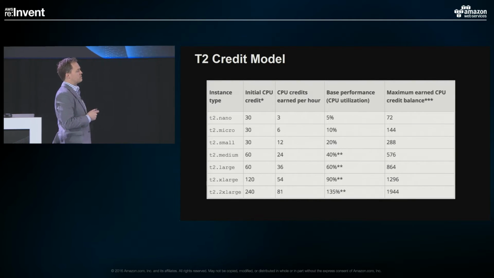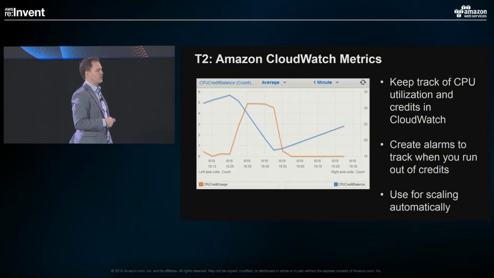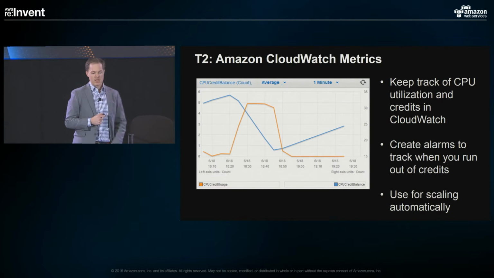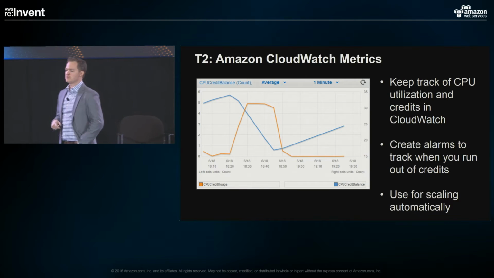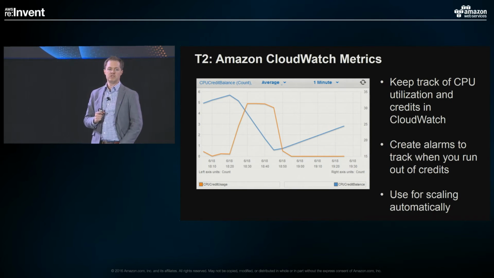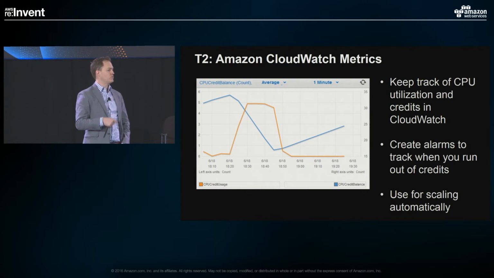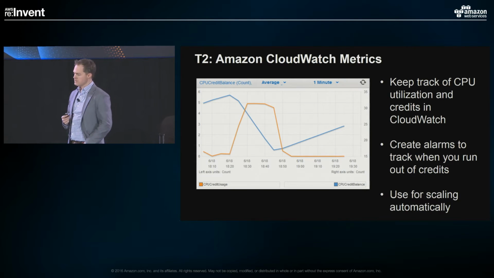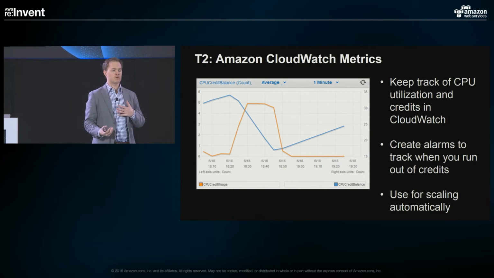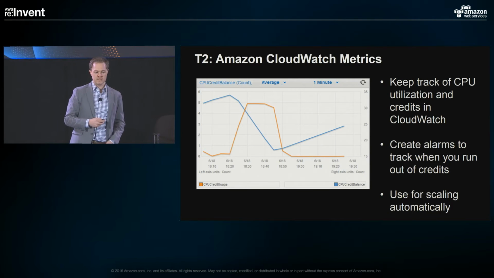It's useful to know this model, though, when you look at how we expose some of this data through CloudWatch metrics. So the CloudWatch metrics that we expose for T2s, we offer 2 additional CloudWatch metrics that are unique to T2 instances. There's the CPU credit balance and the CPU credit usage. And these 2 metrics give you visibility into how those credits that you're earning and spending are counting for each one of your instances.